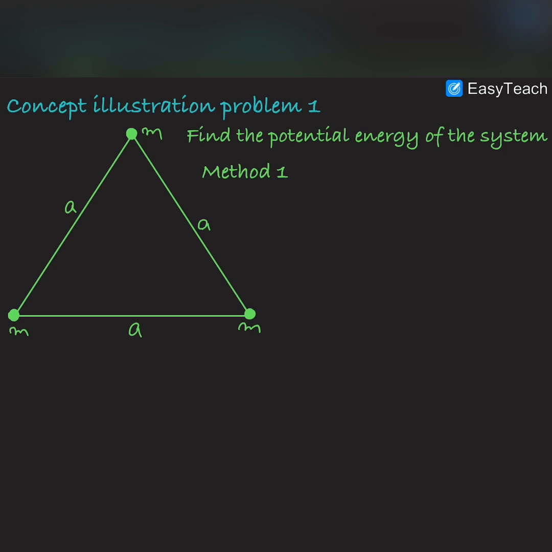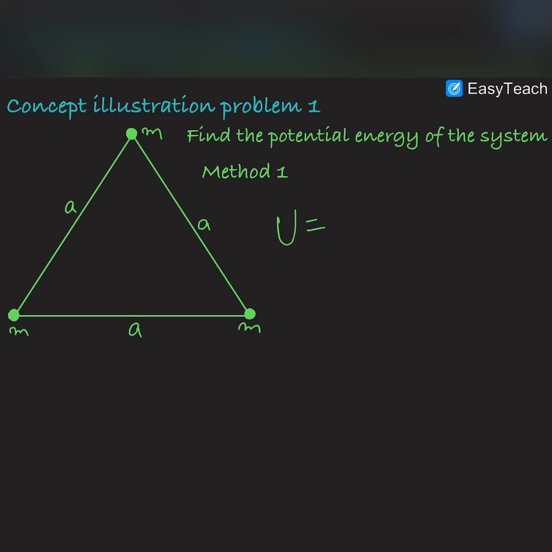So method 1 is a very simple method, and it is the recommended method, in which we would use the direct formula. We know that the gravitational potential energy is minus G m1 m2 by r, and therefore we have to count the number of pairs. You can see that this is one pair, this is one pair, and this is one pair. So there are three pairs.